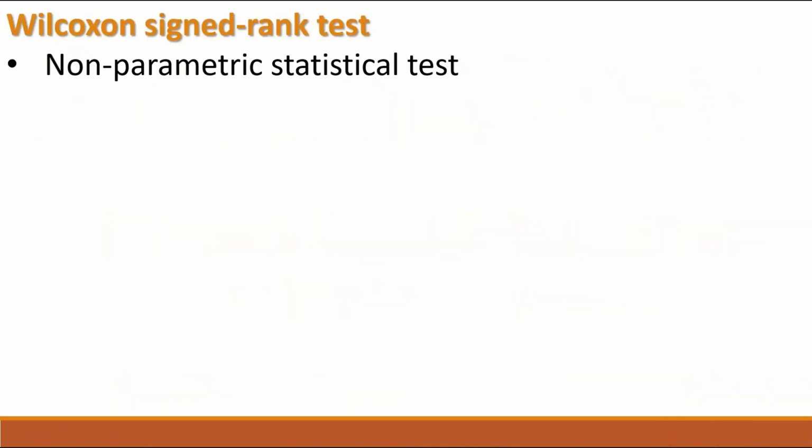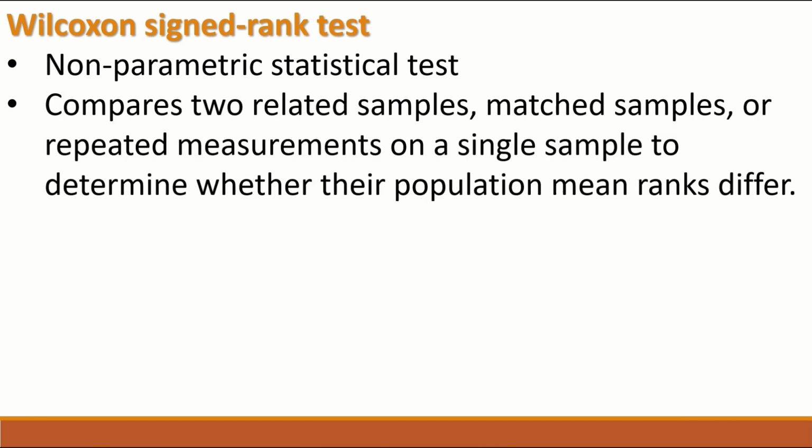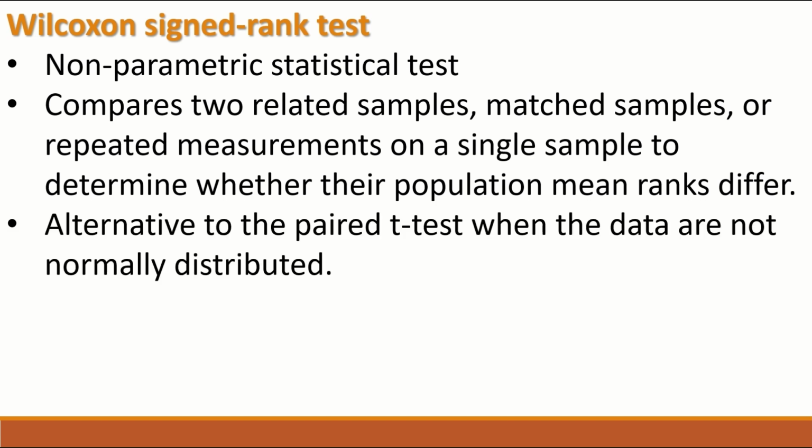The Wilcoxon Signed-Rank Test is a non-parametric statistical test that is used to compare two related, paired or matched samples, or repeated measurements on a single sample, to determine whether there is a population mean ranks difference.